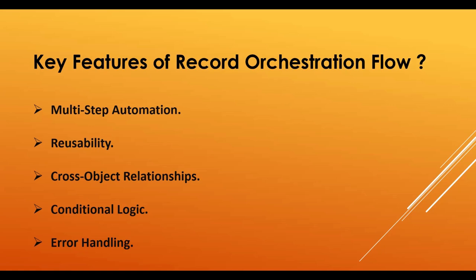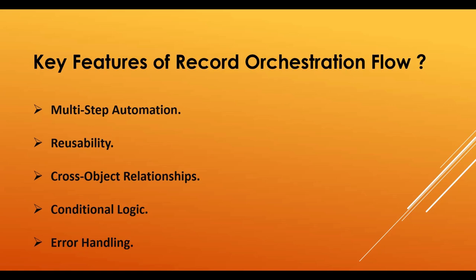Now, what are the common use cases for the record orchestration flow? We can use it to automate the lead to opportunity conversion process. We can use it to manage complex approval workflows that span multiple departments.